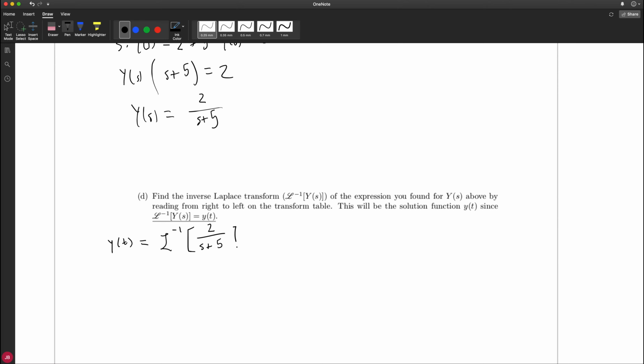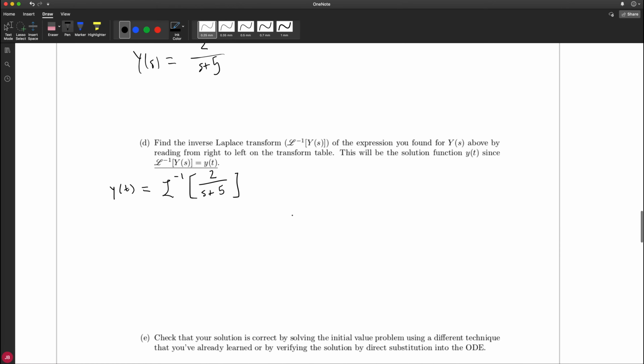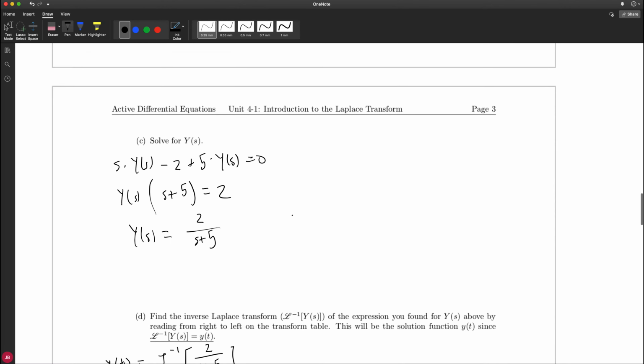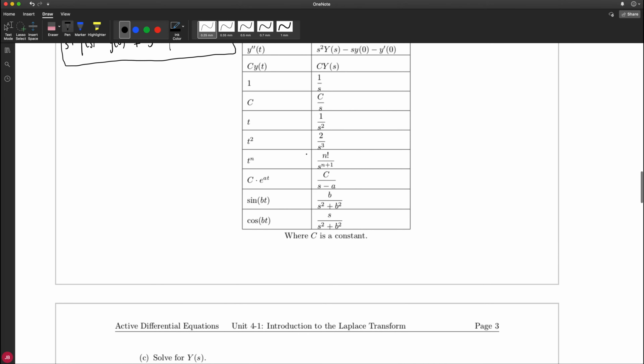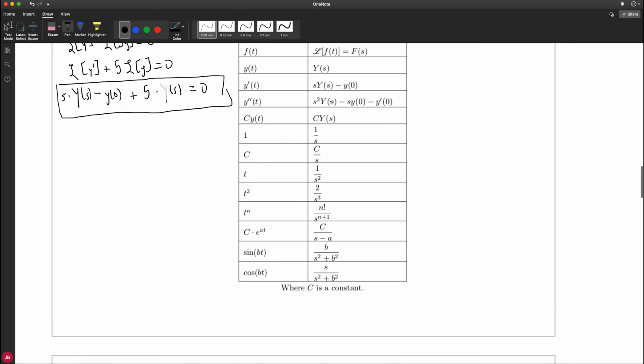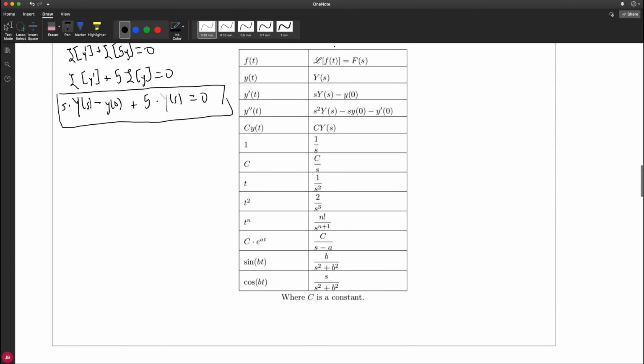And now let's look back to our table of Laplace transforms. So do we see anything that matches that? A number divided by s plus a number. Well, let's just go through here. So we're looking in this column, and the inverse Laplace transform is the left column. So let's see.